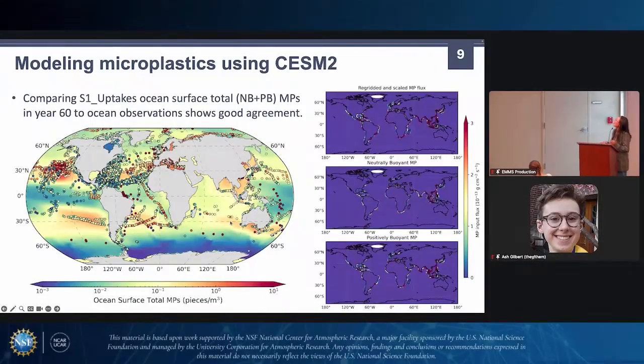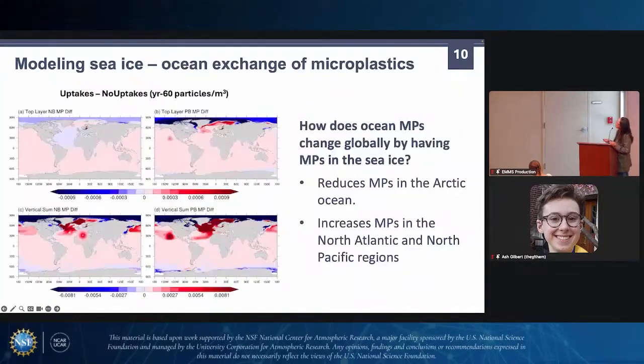Both figures show less microplastics in the Arctic region and more microplastics in the North Atlantic and North Pacific gyres. Although the change in the North Pacific is quite small, about 1% of total plastic change, that indicates that the uptake factors could really reduce microplastics in the Arctic Ocean and increase microplastics in the North Atlantic and North Pacific regions.